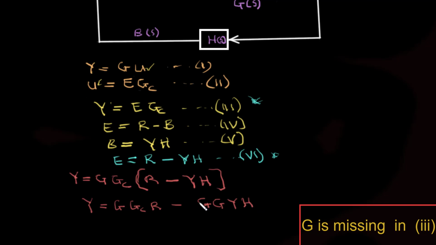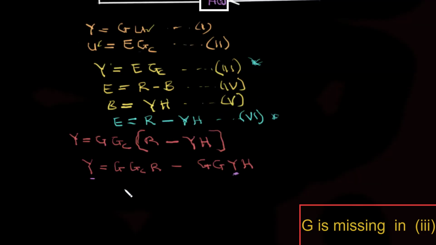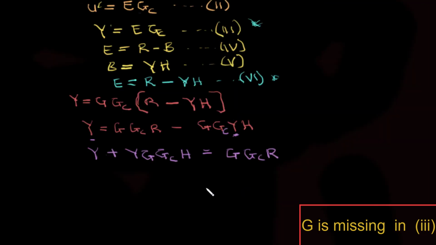As we can see here, we have our output on both sides, so we have to organize it. Y output plus this one, Y times controller times sensor, equals plant times controller times reference. If we keep organizing this, we just take y outside, then we're going to have y times 1 plus plant times controller times sensor, all of them equals plant times controller times reference.